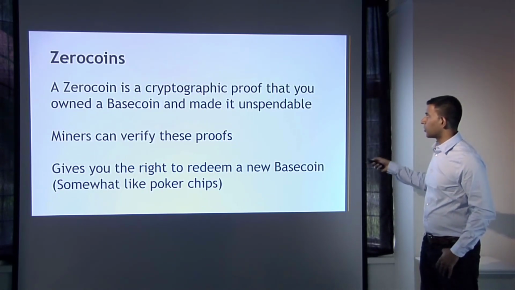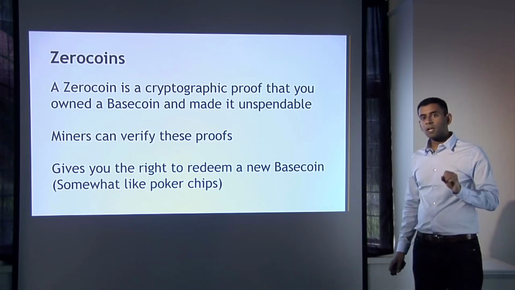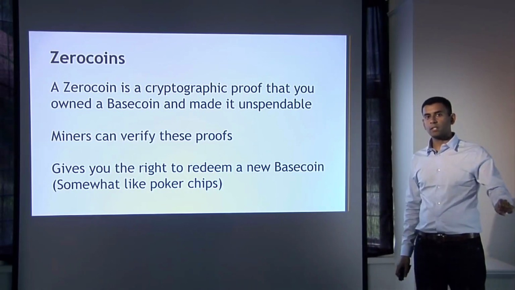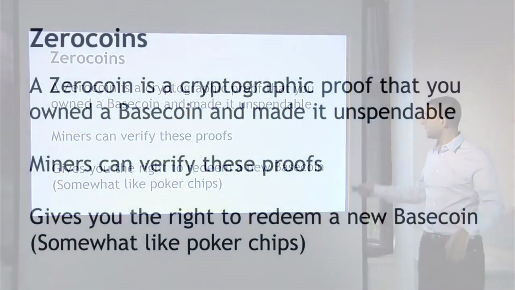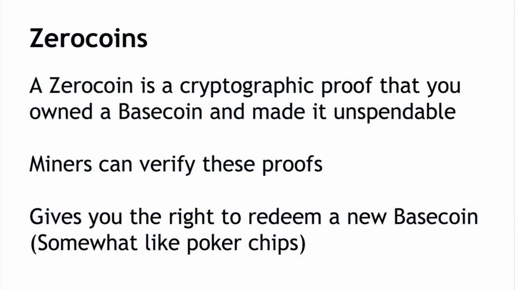Another way of looking at a Zerocoin is that it's a cryptographic proof that you owned a basecoin, not anymore, but you owned it, and then you made it unspendable. A Zerocoin is something that allows you to assert that to, say, any miner who might care. And miners can verify these proofs, and that's what gives you the right to later redeem a new basecoin in exchange for the Zerocoin.